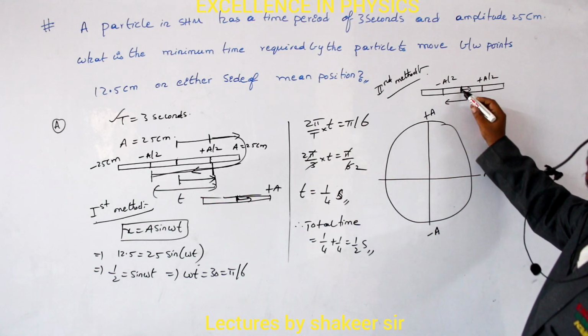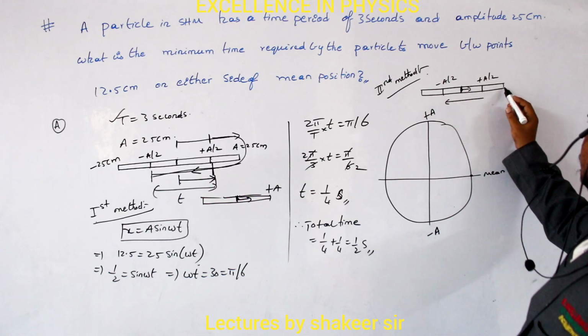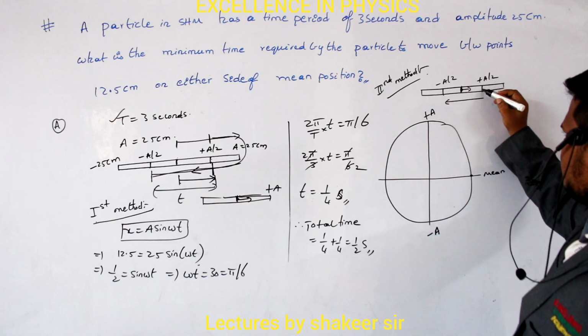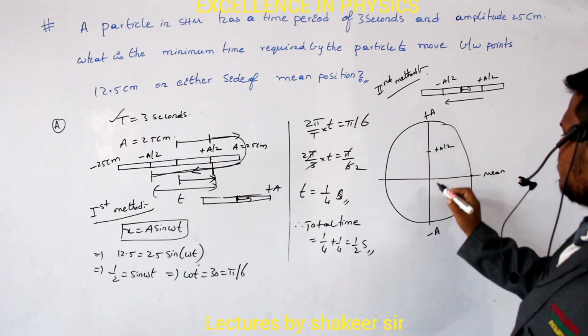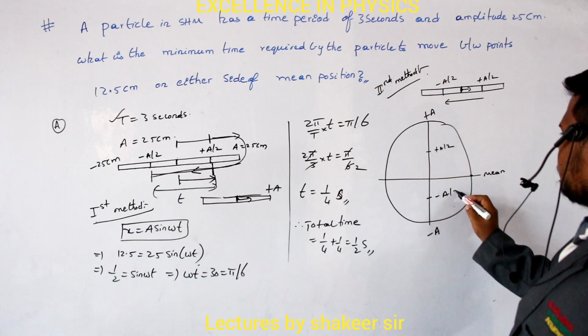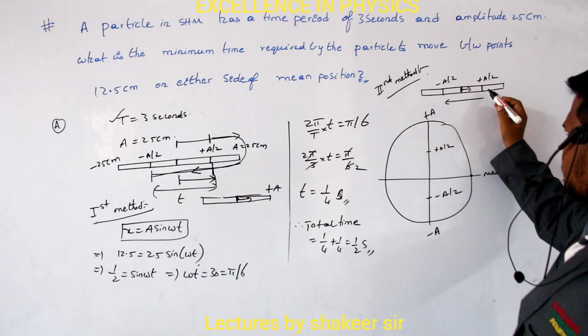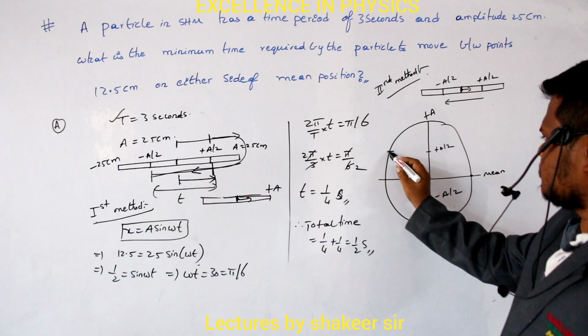First of all, the particle started from the mean position, from here. Then it went to positive extremity. This is positive extremity. From here it is returning back. Then we will get this point. So this is plus a by 2 and this is minus a by 2. Now the particle is returning from the extreme position to a displacement of a by 2. It means from here the particle has reached up to this position.